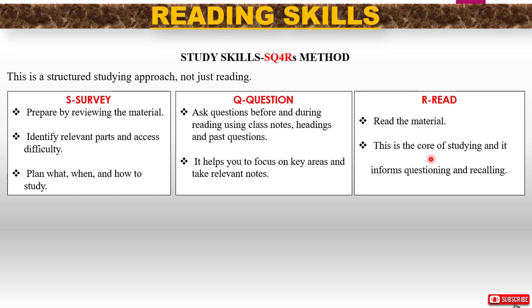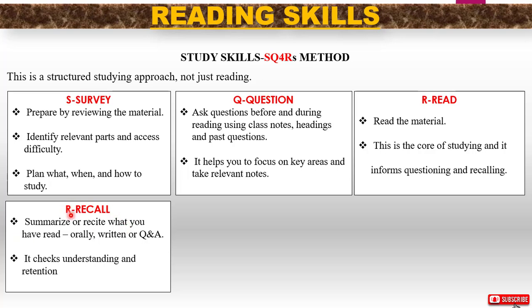What is the next R? The next R is the recall. This is the part where most students usually skip. It means after reading, you have to summarize or recite what you have read. This will help you to check whether you have retained the information you have read or you have forgotten the information you have read. So how do you summarize or how do you recite?